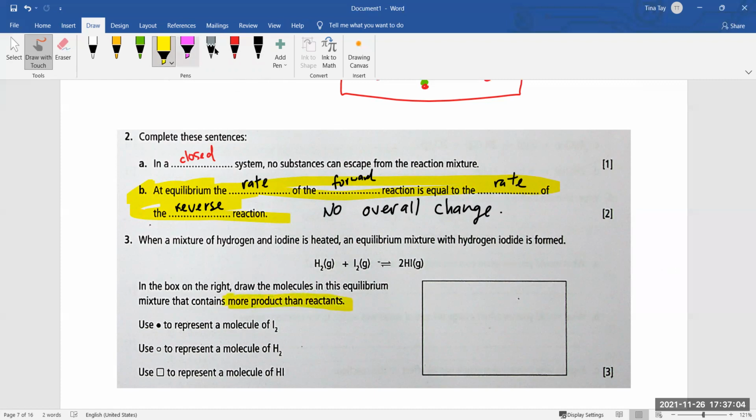Okay, more products than reactants. So for example, this one is product. So there's more of this. So this is the equilibrium. So for example, this is equilibrium.